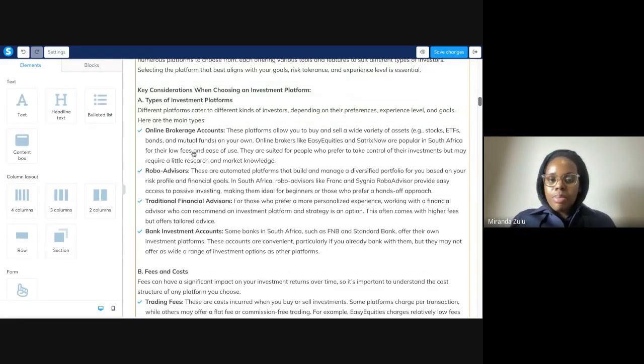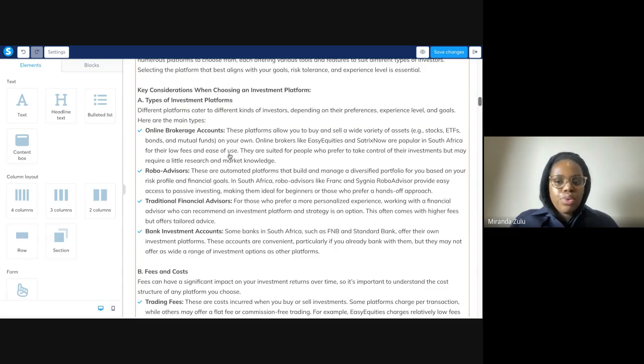My favorites are absolutely the online brokerage account and then the robo-advisor. So that's what I use and my strategy. So I have investments in Easy Equities and I've got investments in Frank. There's also eStash, that's a robo-advisor as well, Stash by Liberty. So those are the ones that I use, mainly because of the low fees, especially in the online brokerage accounts.